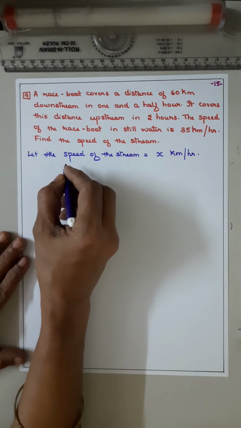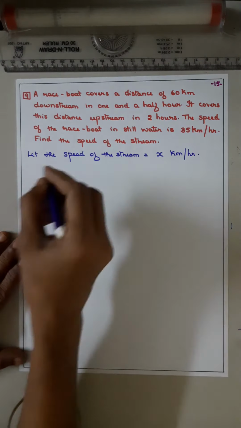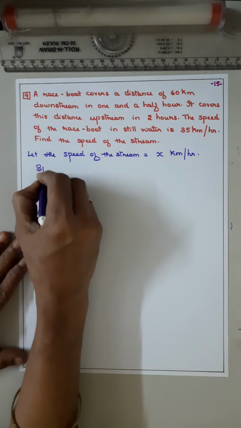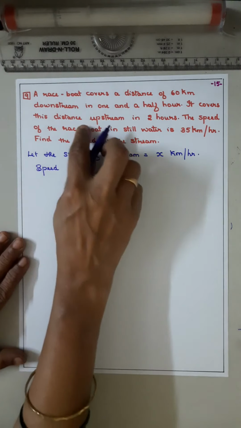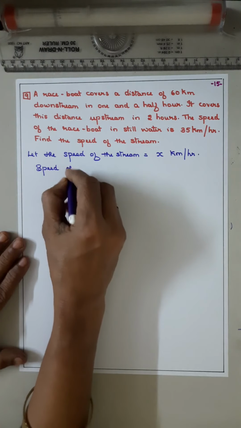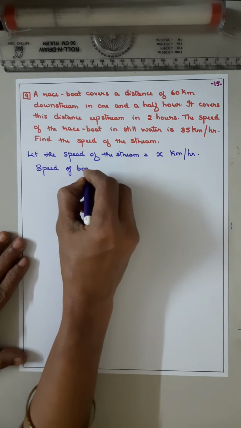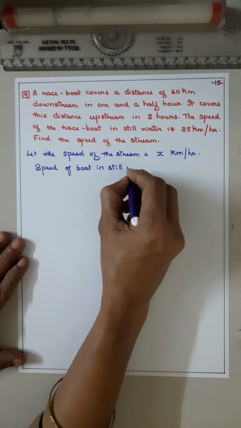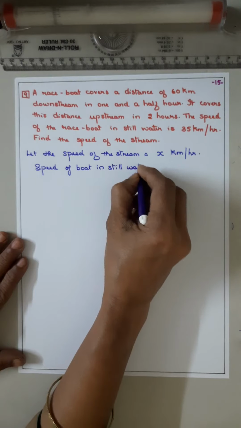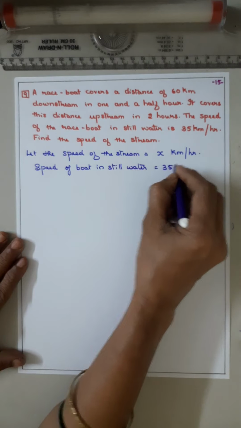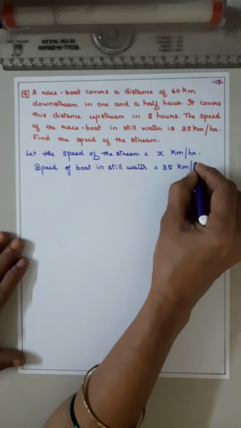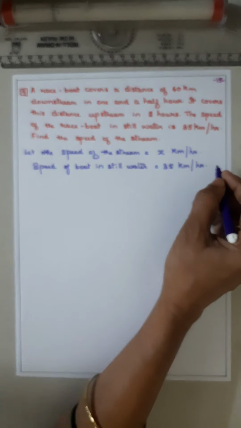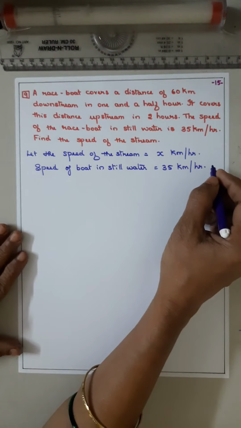Now the speed of the boat in still water, how much is given? 35 km per hour, isn't it?